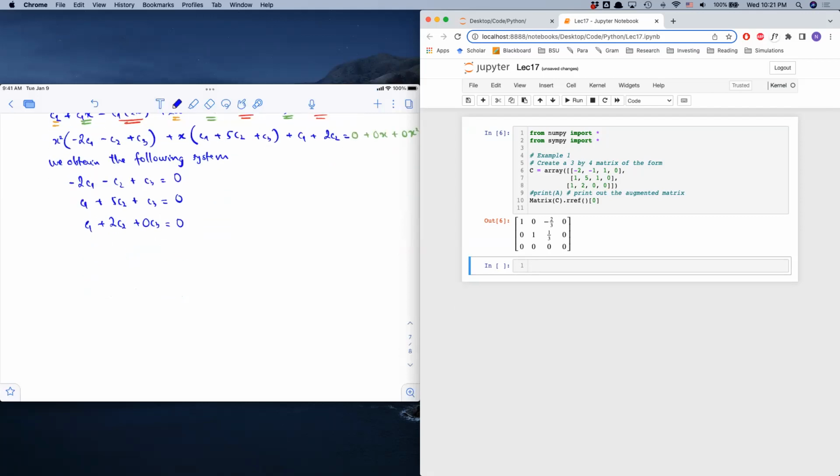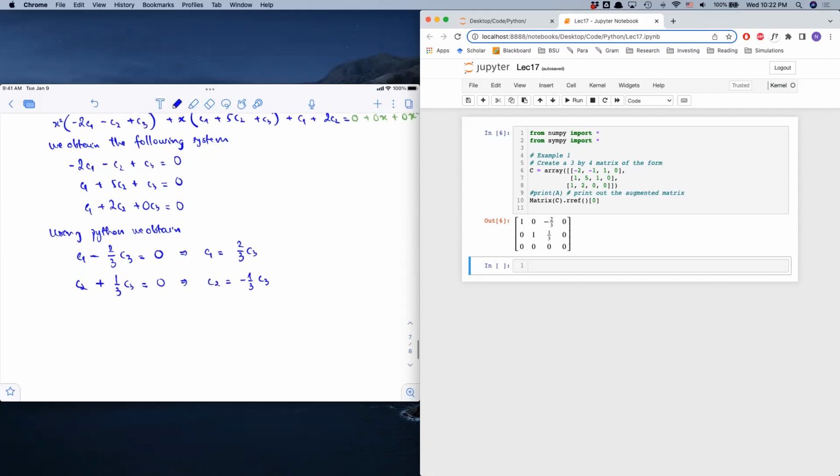So from using Python, we obtain that c1 - 2/3 c3 = 0, and c2 + 1/3 c3 = 0. So from here, you can solve for c1 and c2 in terms of c3: c1 = 2/3 c3, and c2 = -1/3 c3.